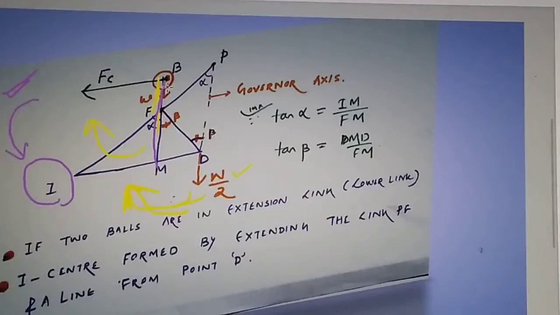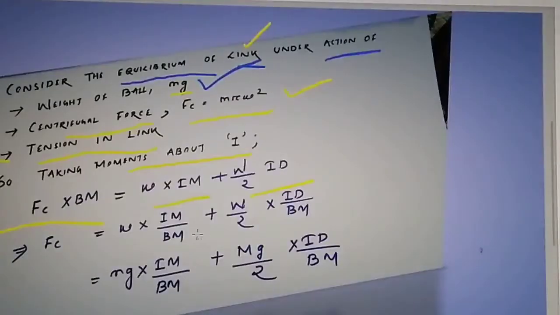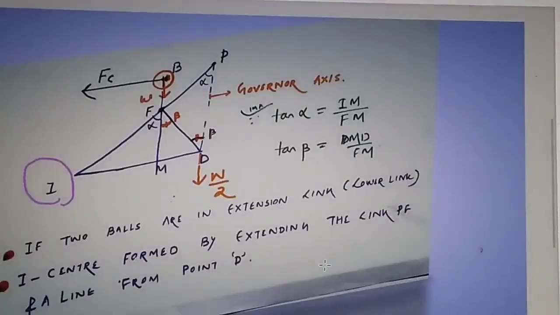Similarly, small w, if we erase all these things, small w into, you are writing IM. Okay, so here this is the small w line, so this one is the perpendicular distance IM.